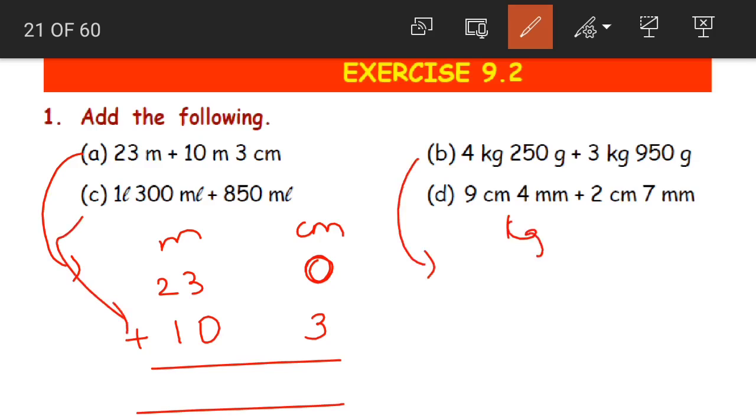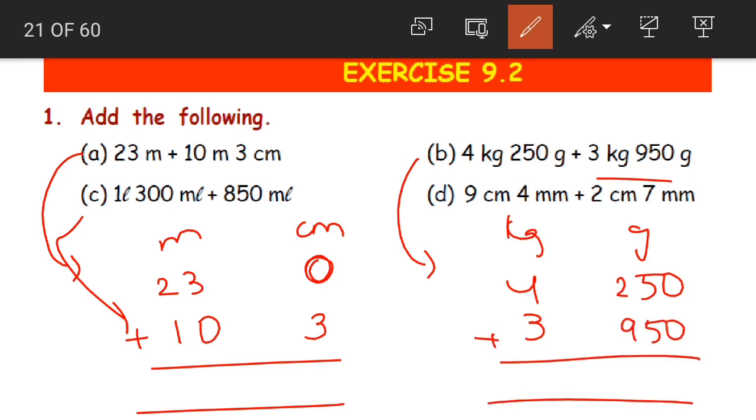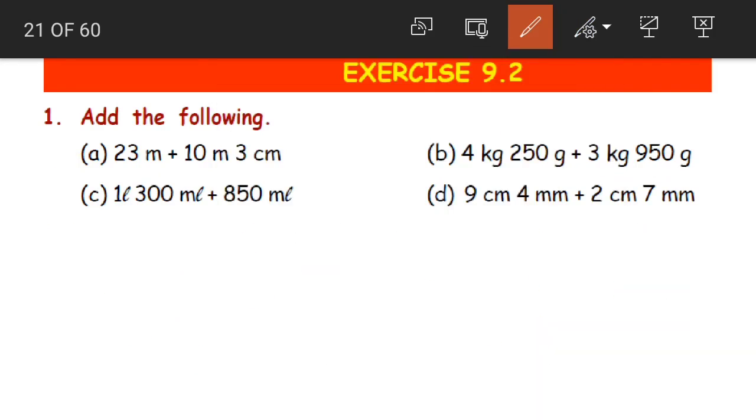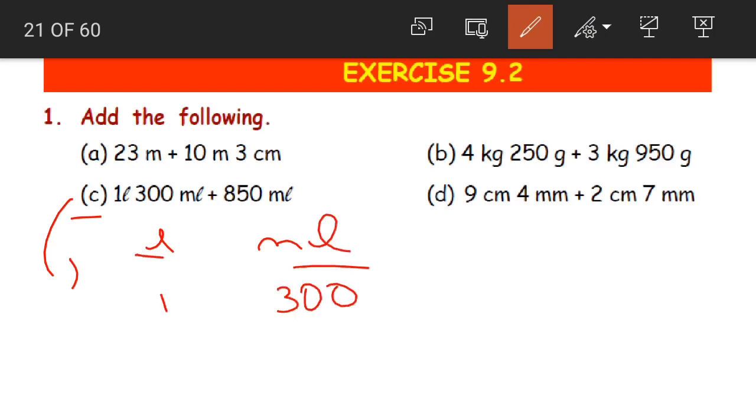Question B, kilograms and grams. 4 kilograms 250 grams. Next 3 kilograms 950 grams. It is a very simple question. We just have to add. Question C, liters and milliliters. Now 1 liter 300 milliliters plus 850 milliliters.